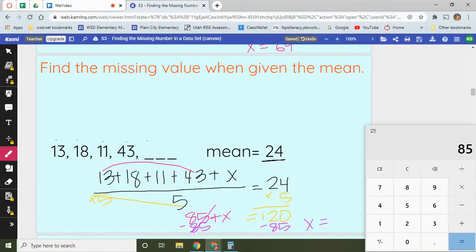So x equals 120 subtract 85. X is 35. Okay, a quick check. 13 plus 18 plus 11 plus 43 plus 35 divided by those 5 numbers gets me a mean of 24.